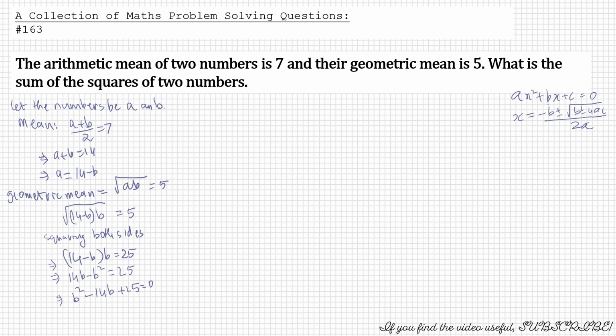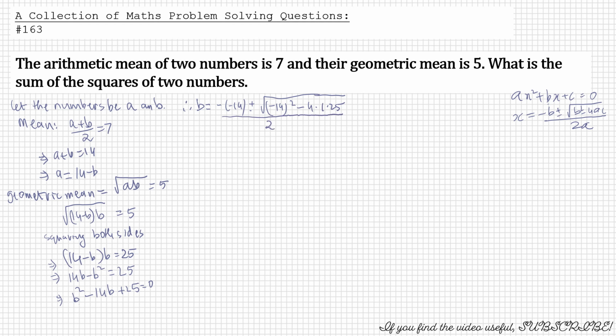So we can apply that here, and then we can say that b would equal minus of minus 14, plus or minus the square root of (minus 14) whole squared, minus 4 times 1 times 25, and the whole thing is divided by 2.